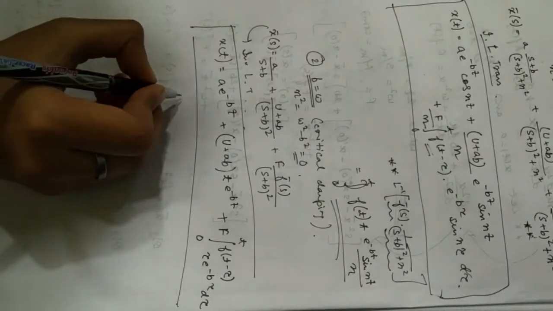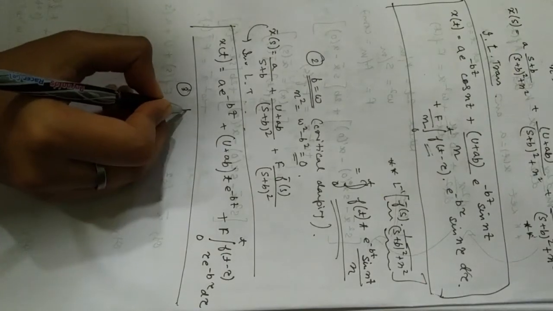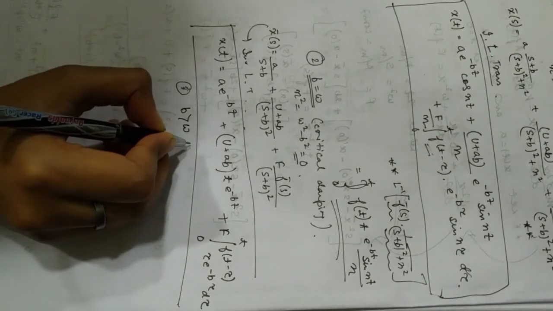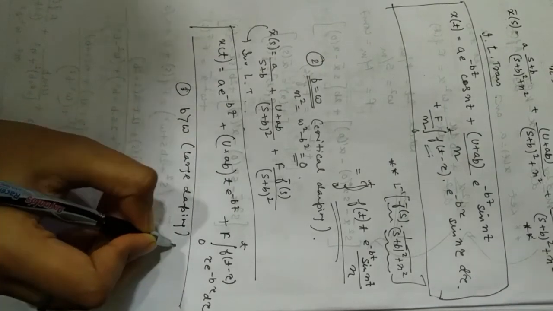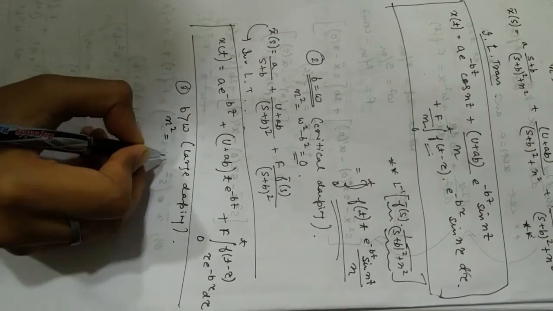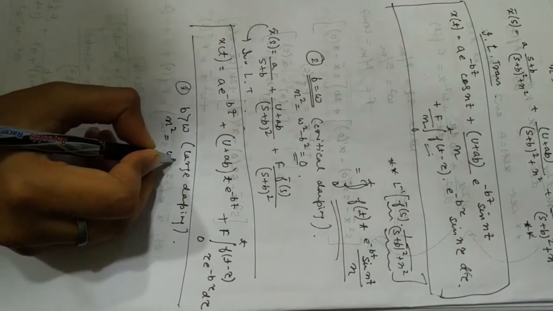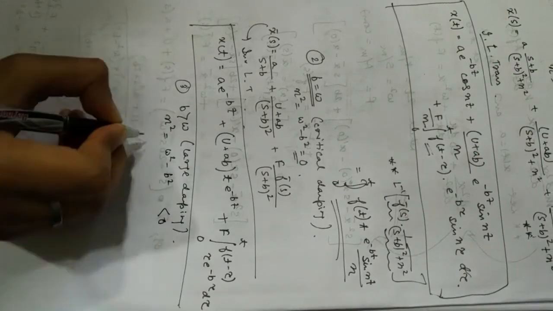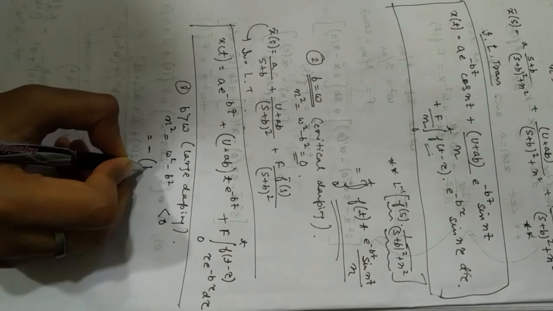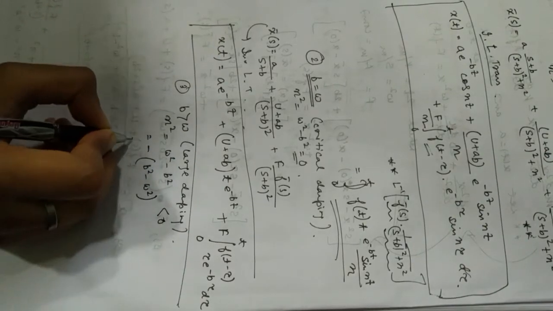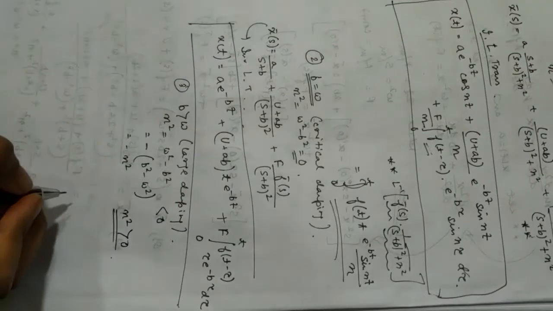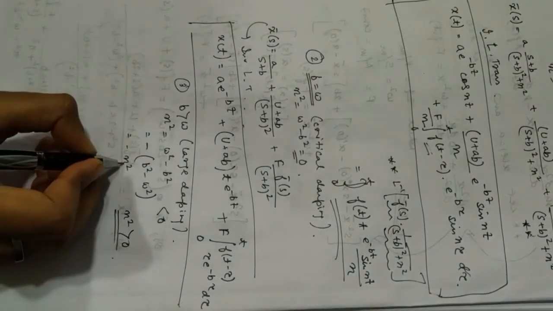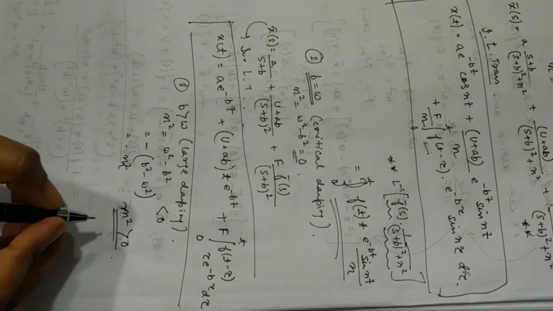Now we have a third case where b is greater than omega. It is the large damping case. So in that case, n square is equal to omega square minus b square, which is obviously negative, so we write it as b square minus omega square is equal to m square, where m square is now positive, right? We give it the name m.